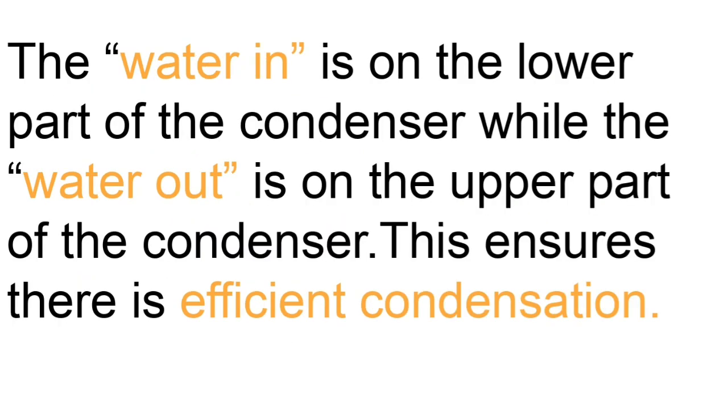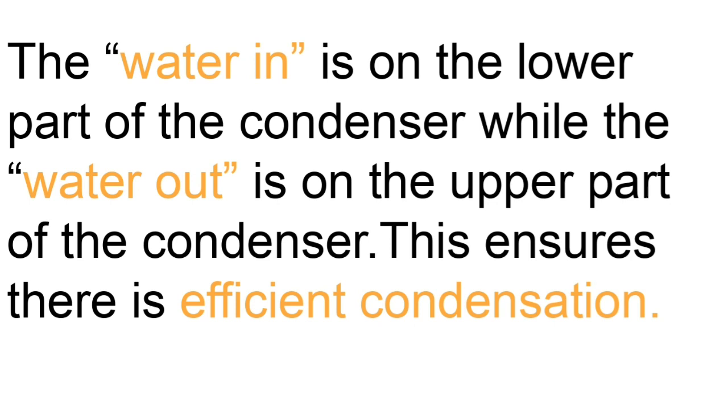Now, on the Liebig's condenser, the water in, you see that part written water in, that is where the cold water from the tap enters into the Liebig's condenser so that it can condense the vapor into a liquid. So that water in is on the lower part of the condenser, while the same water leaves through the water out, which is on the upper part of the condenser.